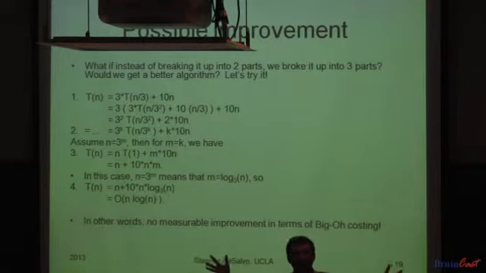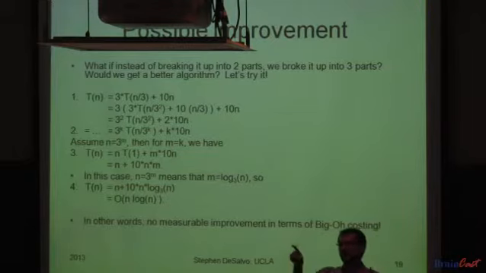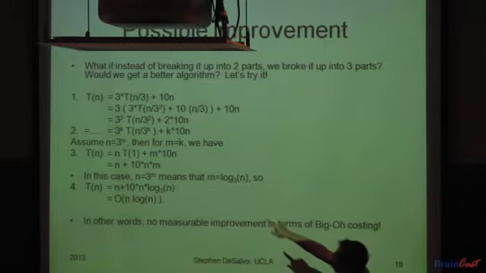To merge all three of these lists together, it takes about 10 operations. Sure, because you check this one, you check this one, you check this one, you put in the min, then you check this one, this one, this one, you put in the min. So instead of 5, maybe it's 10. Okay, fine. Now we do 3 squared.